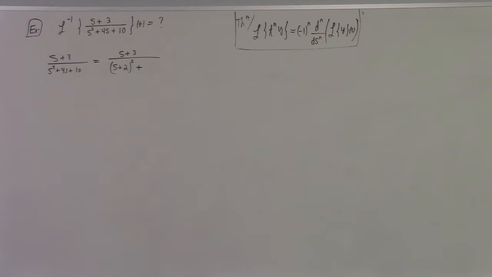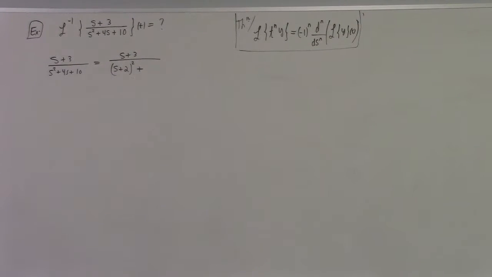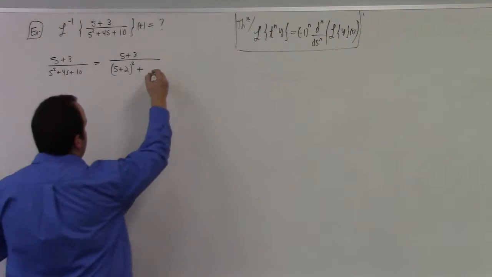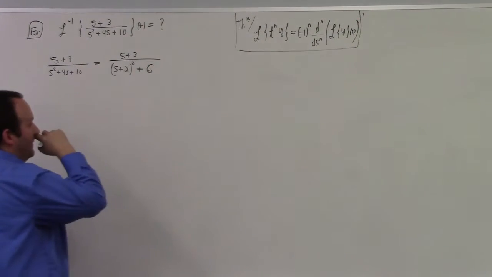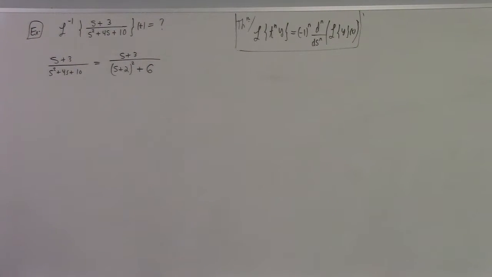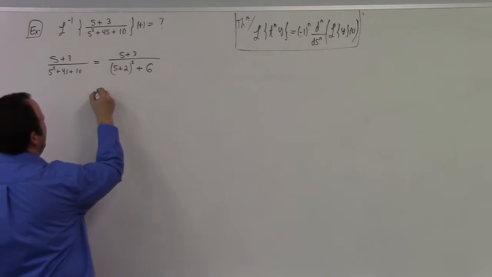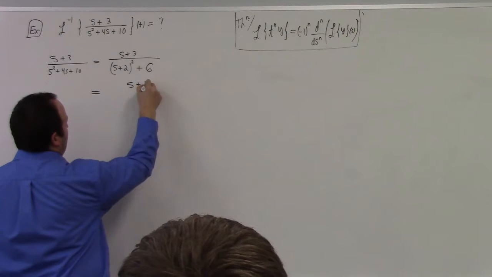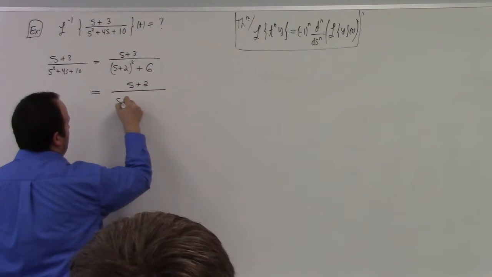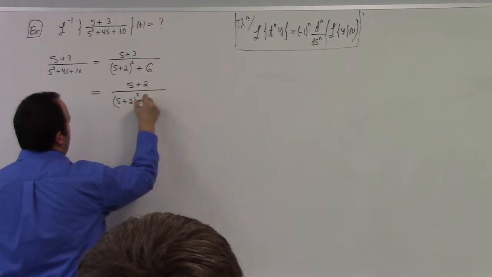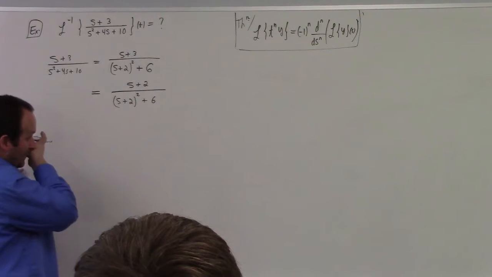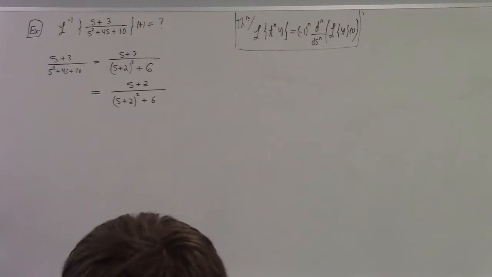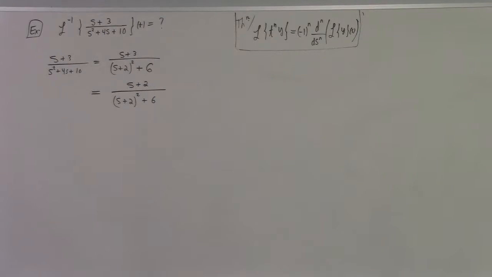I've added 4 by completing the square, so to be fair, my 10 has to become a 6. And then you have to use your imagination a little bit. So s plus 2 over s plus 2 squared plus 6. The reason I do that is I always have the table in mind. That will inverse Laplace transform to e to the minus 2t times cosine root 6.